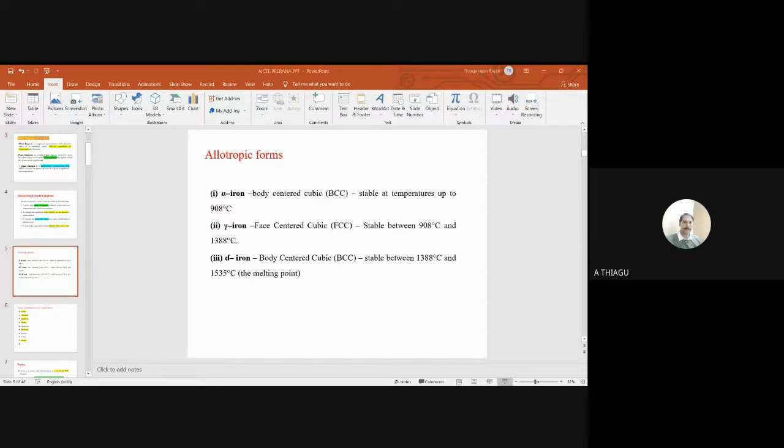So gamma transforms to produce alpha and cementite. This reaction happens at a low temperature of 727 degrees, and the weight percentage of carbon involved is 0.77. So this is the particular information we have collected.